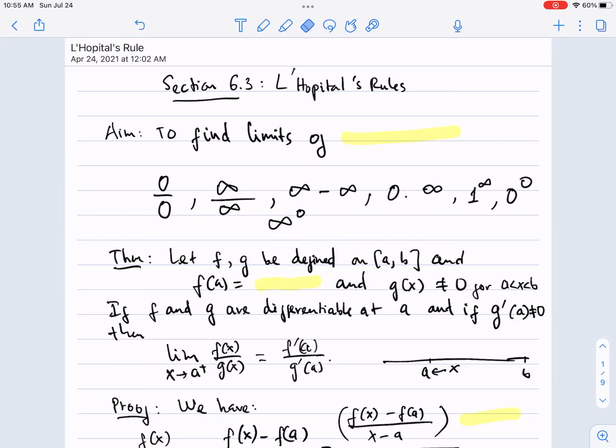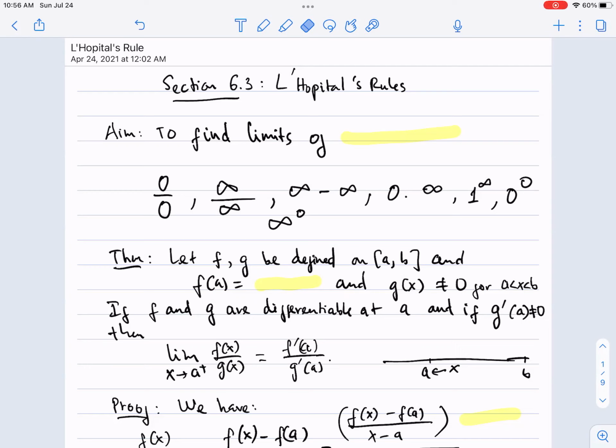However, in certain cases, the step of combining these terms together has some difficulty. That is, for example, you cannot divide by 0. So if you have a quotient and the denominator is approaching 0, then you don't know what to do with that.